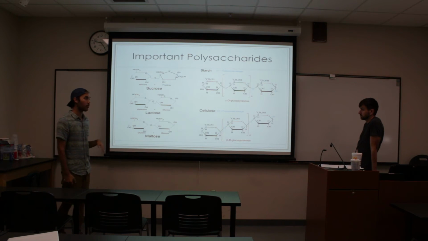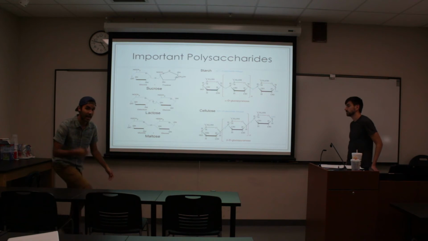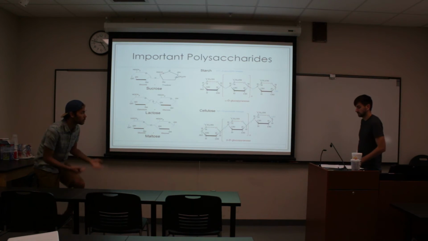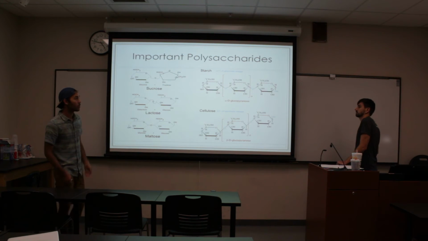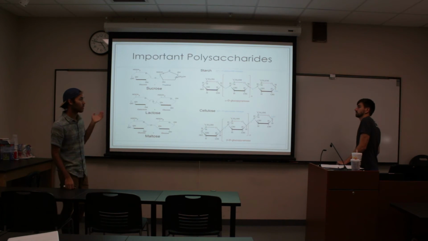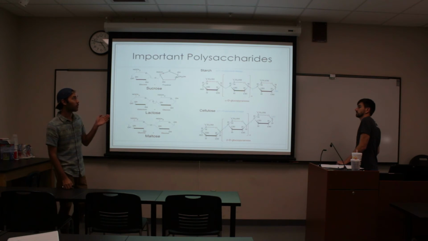Starch and cellulose are probably the most commonly talked about polysaccharides that are strictly saccharides, because there are other things such as chitin, but that has the introduction of amine groups and stuff. So starch is the one we can digest. It's just multiple chains of glucose with an alpha 1,4 bond between the glucoses.